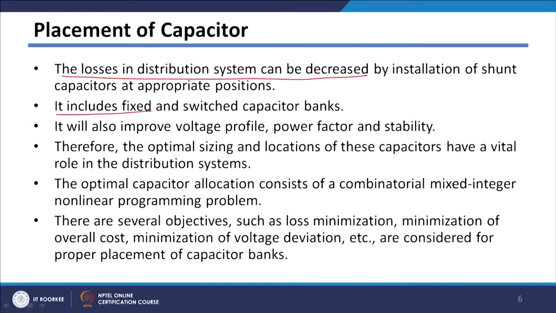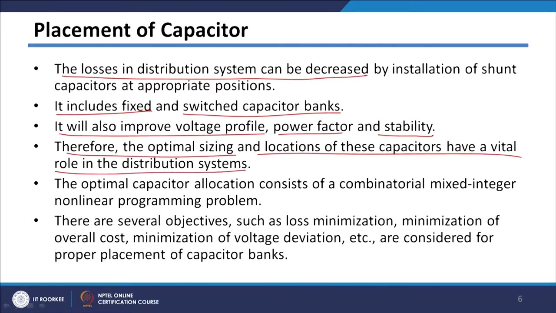This includes fixed capacitors or switched capacitor banks. This will not only improve the voltage profile, but also power factor as well as stability. Therefore, optimal sizing and location of these capacitors have a vital role in distribution systems.